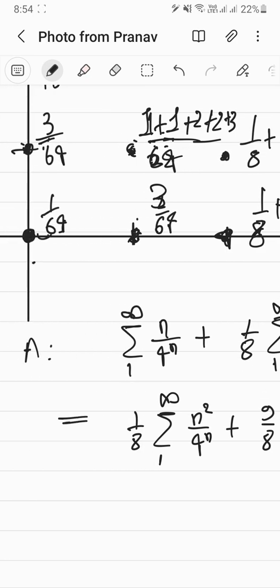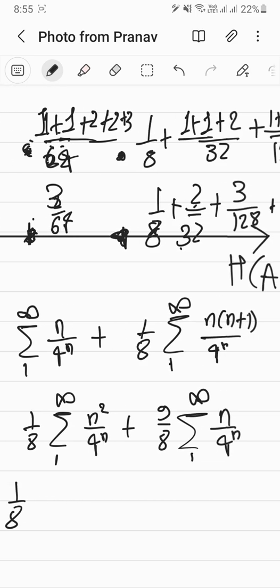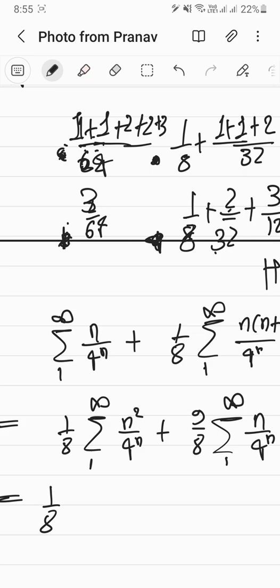Now we know a formula for both of these, so it's 1/8 of, so over here the value of a is 4. We actually derived this in the last video. If you don't know it, go watch that video, it's very helpful. Okay, so for n squared it was a, which is 4 into a plus 1, which is 5 upon a minus 1 cubed, not square, cubed, because you have that 1 upon a everywhere.